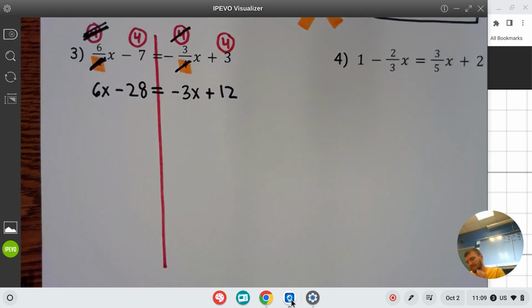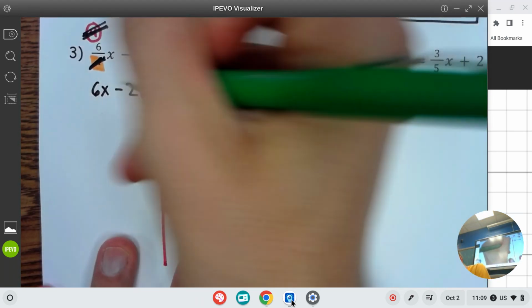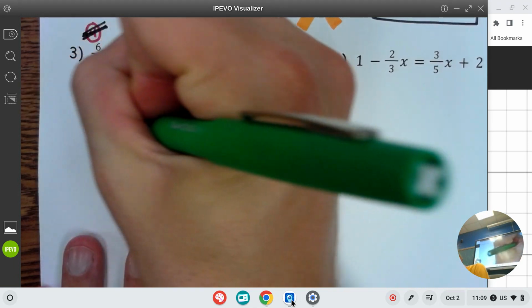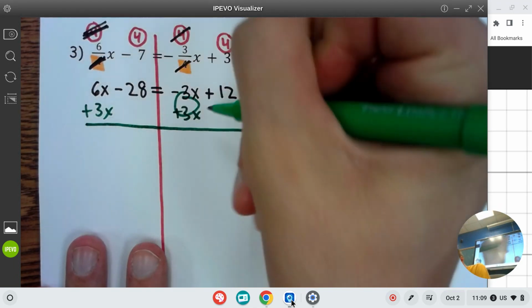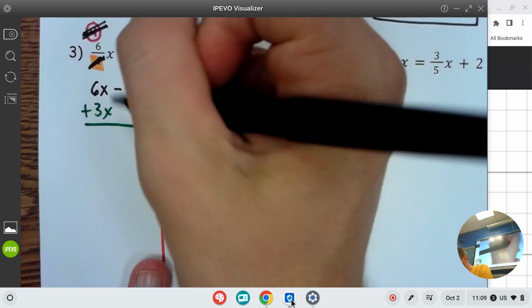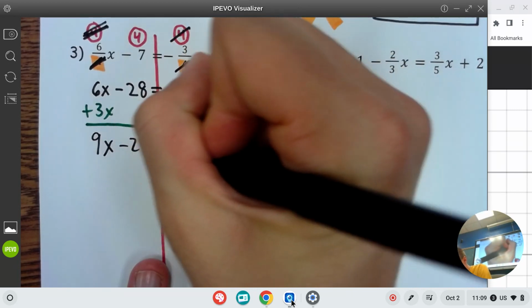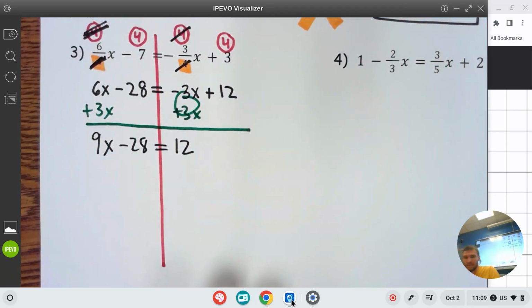Okay, from here, easy. We've done this over and over again. Let's add 3x to both sides, plus 3x, plus 3x. 6 plus 3 is 9, minus 28 equals 12.